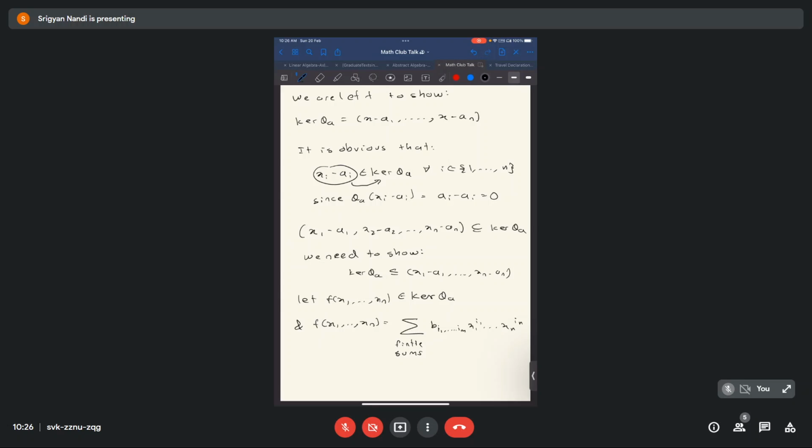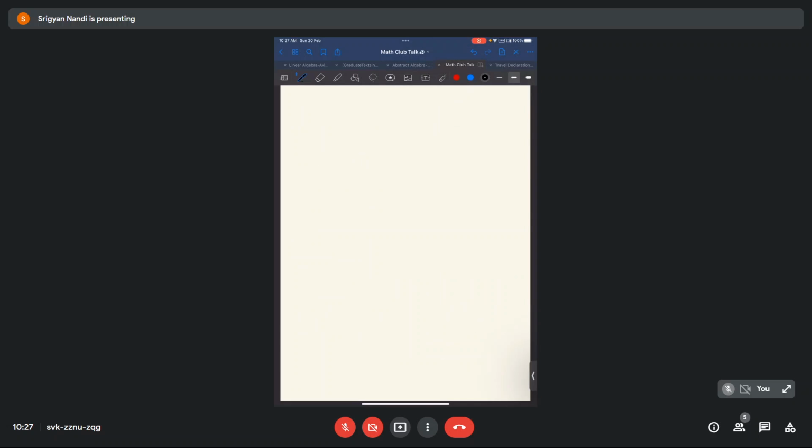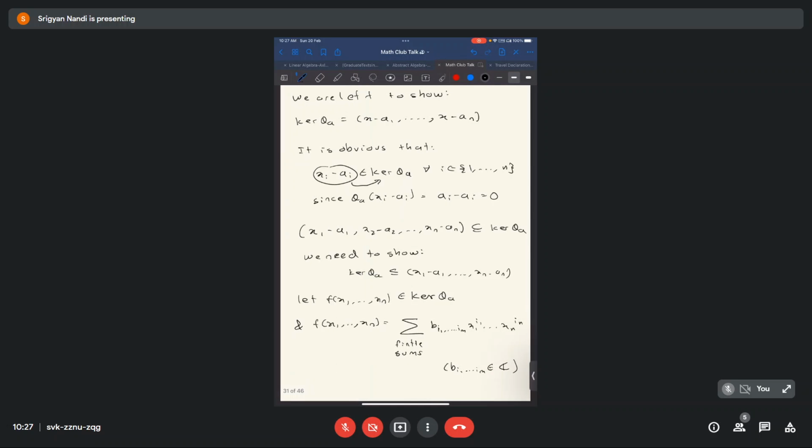This should make sense, since this is a general representation for n-variate polynomials over a certain field. Of course, here b_{i1...in} belongs to C. So we have this representation. Let me copy it so that I can use it for the manipulation that we'll do next.